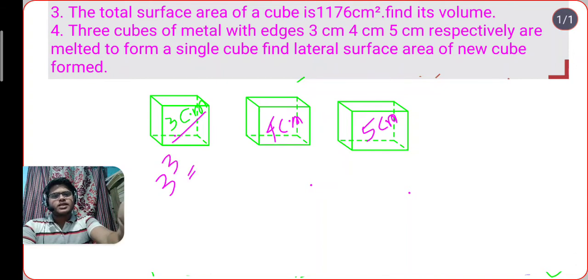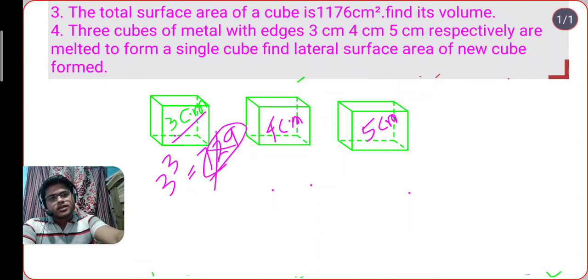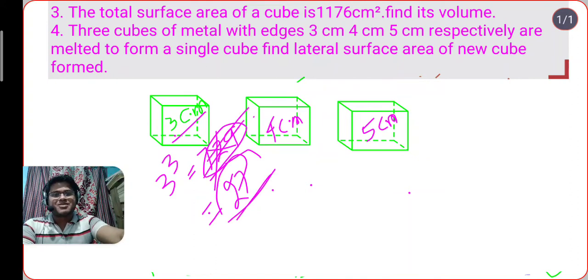Sorry, that is not 79. 3 3s are 9, and 9 3s are 27. We are getting the value 27. I mistakenly put 9 cube. Okay, 4 cube, that is 64, and 5 cube, that is 125.